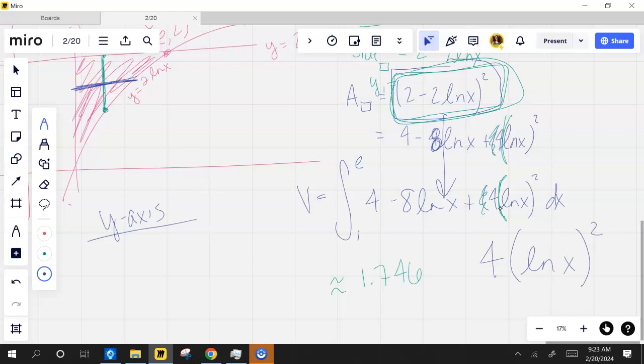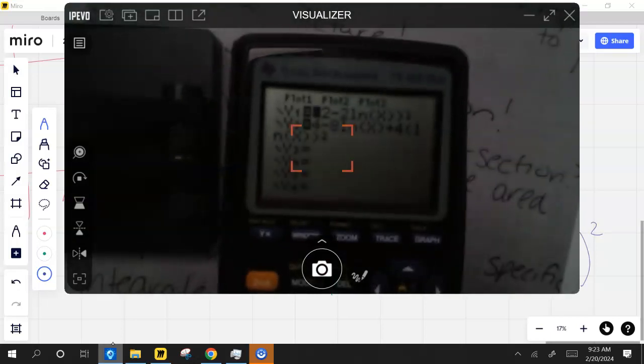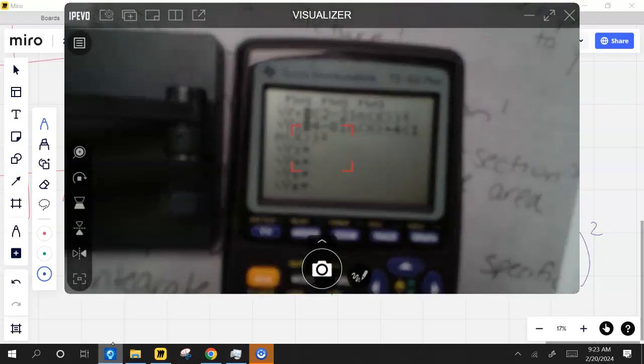The log is squared, not the 4, is what I'm getting to. The original equation.